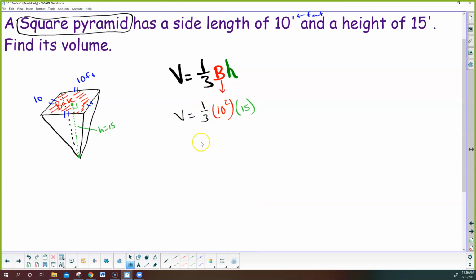And then 1/3 of that. So I would do 10 squared is 100. 100 times 15 is 1500. And if I divide 1500 into 3 equal pieces, my volume is 500 cubic feet for that pyramid.